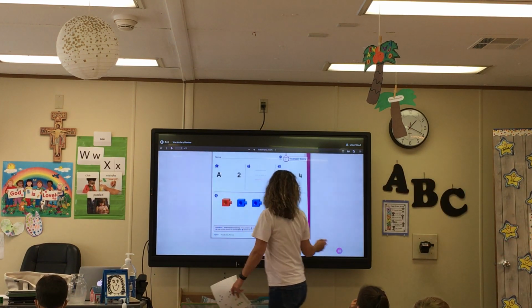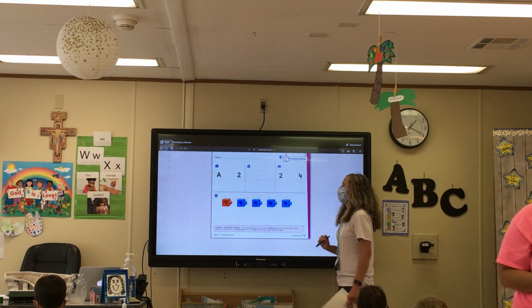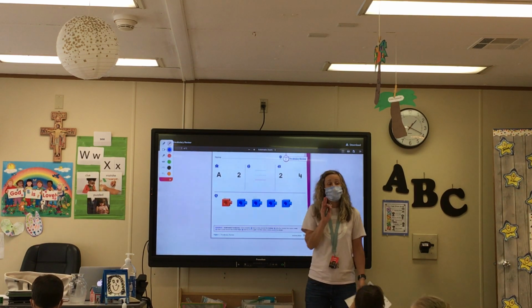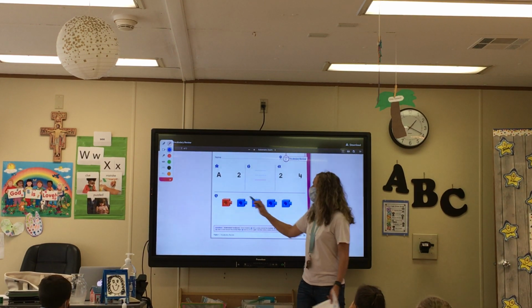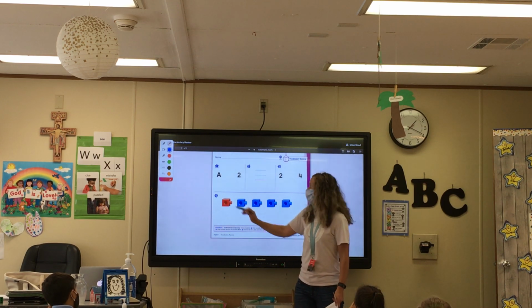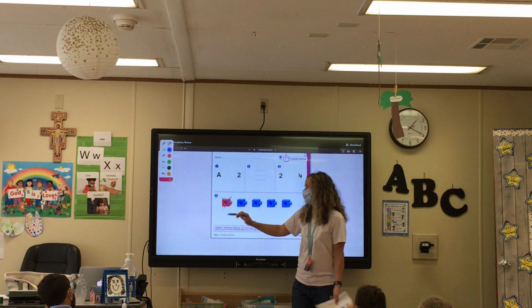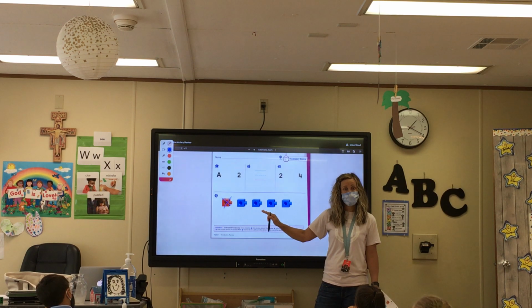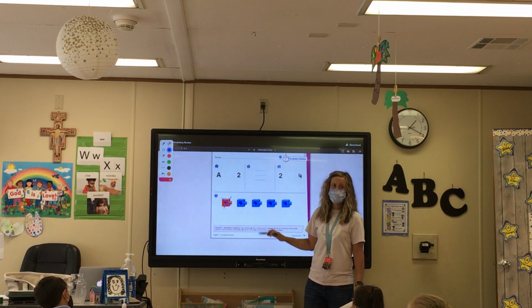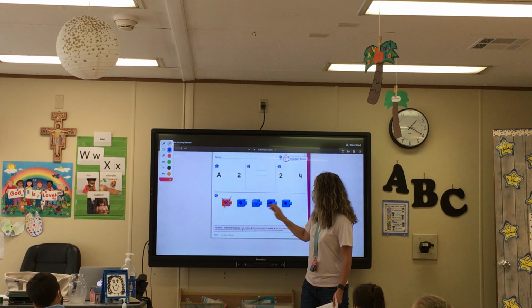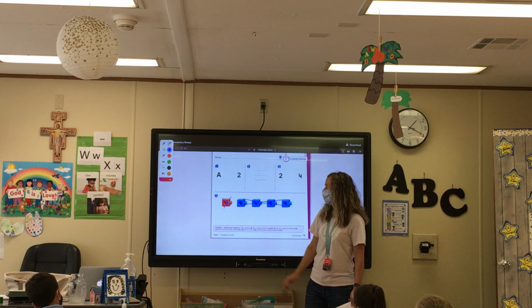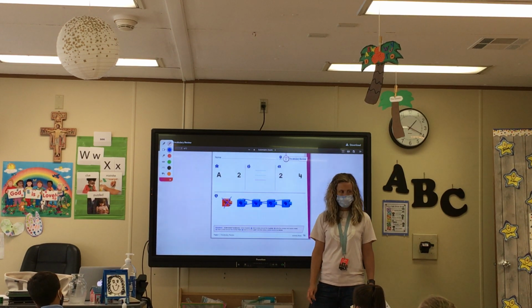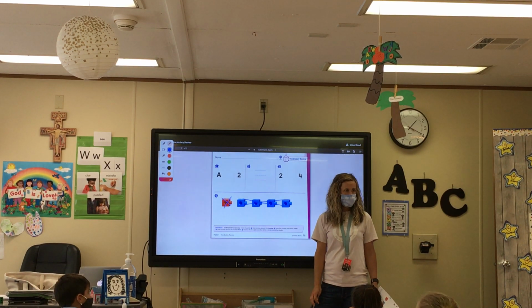So then, let me go over it one more time. Ready? Okay. It said put an X on a part. So I could have put an X on the blue cubes, or I can put an X on the red. So I'm just going to do the red because there's just one. So that's a part, and the blue cubes are another part. I can even do this. That's a part, and that's a part. Correct? Do you agree? Yeah.